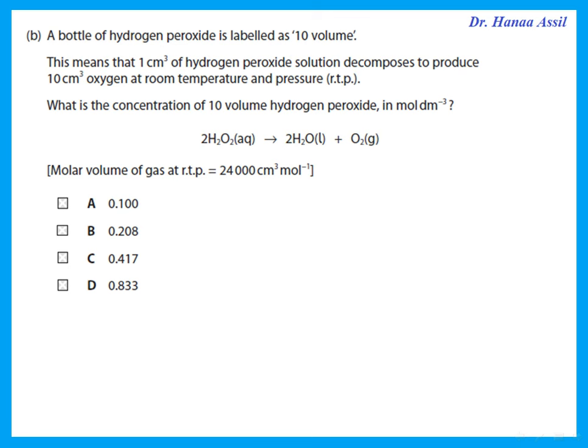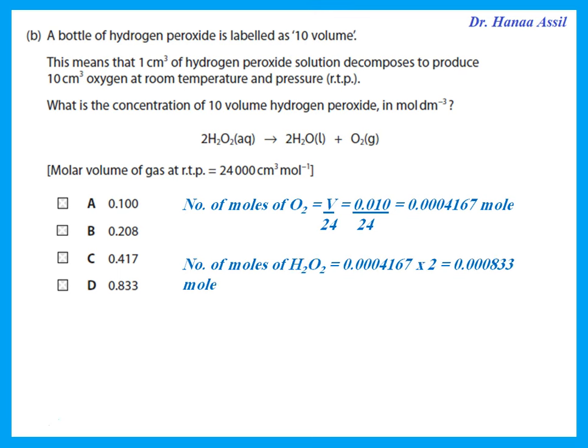Now, if we have oxygen, what is he telling me? He's telling me I have 10 centimeter cubed of oxygen, so I can get the number of moles. This is a gas. So if you use it in decimeter cubed, you use volume over 24. If you're going to put it as 10 centimeter cubed, then you're going to divide by 24,000. So in any case, we get the number of moles of oxygen.